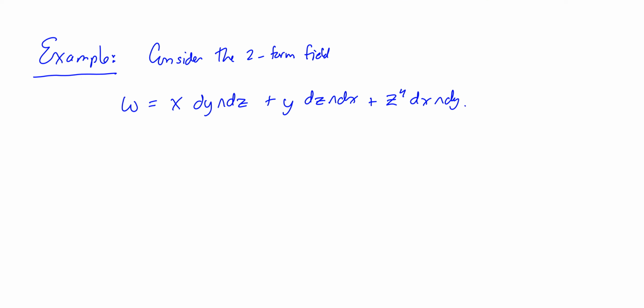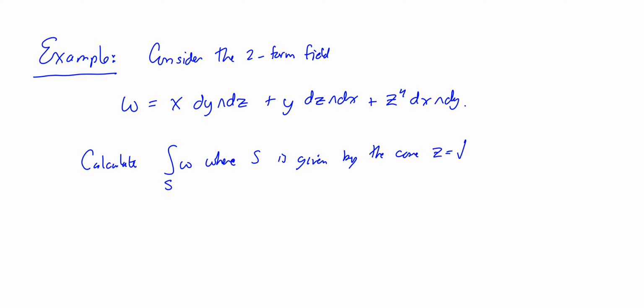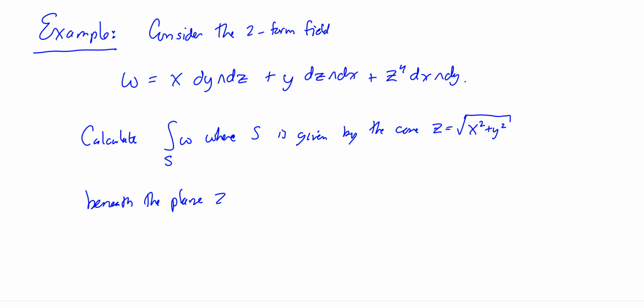And let's calculate the integral over S of omega, where S is given by the cone z is equal to square root of x squared plus y squared beneath the plane z equals 1 with downward orientation.